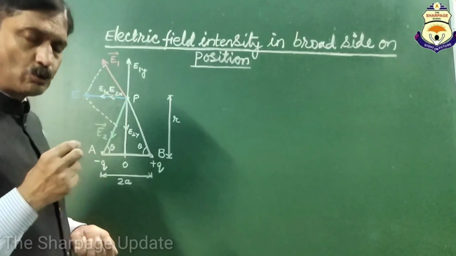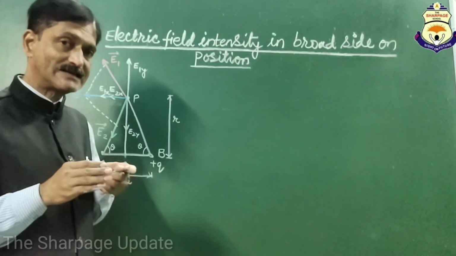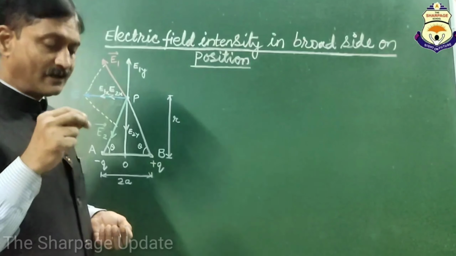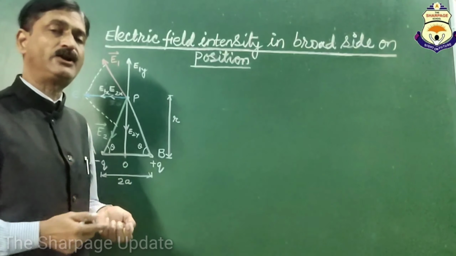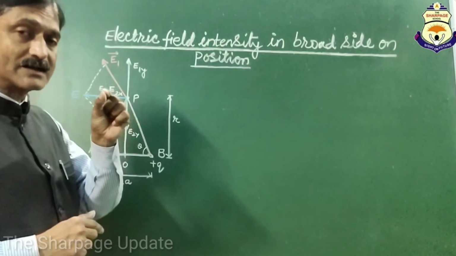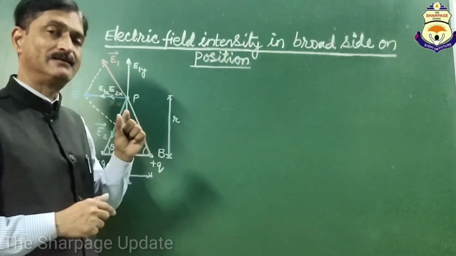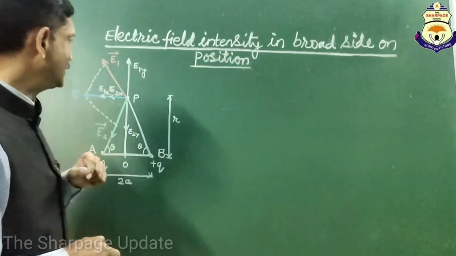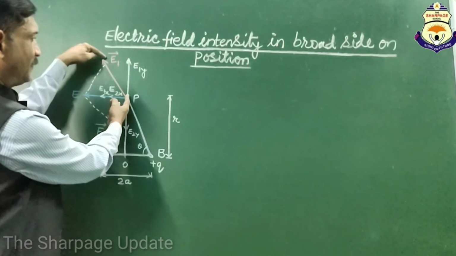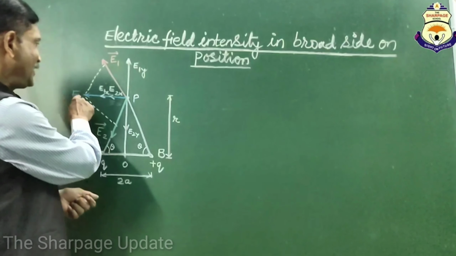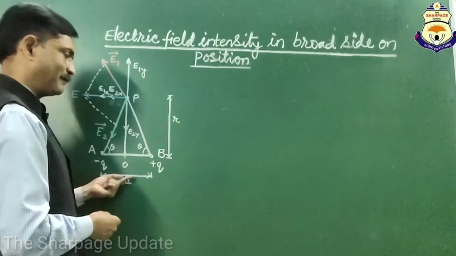When two vectors in magnitude and direction are represented by the two adjacent sides of a parallelogram, then their resultant will be represented by the diagonal in magnitude and direction which passes through the intersection point of the two adjacent sides. Means this diagonal of the parallelogram will represent the resultant of E1 and E2. So E is the resultant electric field intensity at point P due to this electric dipole AB.